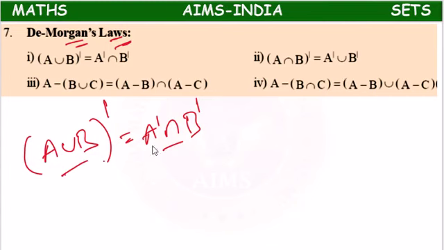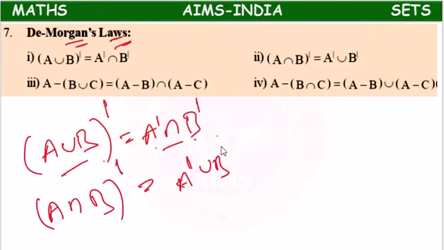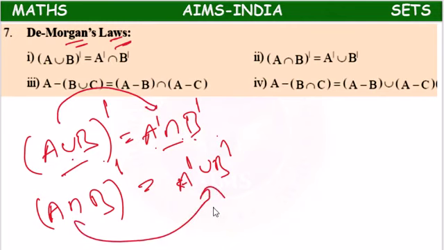Second: A intersection B whole dash equals A dash union B dash. Union will become intersection, intersection will become union, and the whole complement will become individual complements. These two formulas are called De Morgan's laws.